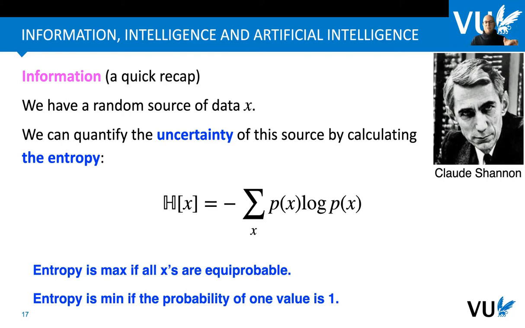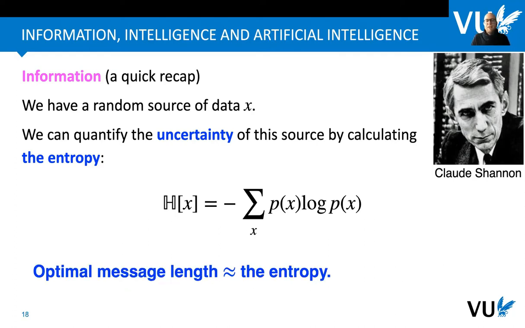So entropy is maximized if all states are equiprobable, and entropy is minimal when the probability of one value is always one. So these are very nice properties of entropy. And another very nice property of entropy, shown by Claude Shannon, is that if we think about transmission of information, the optimal message length is actually the entropy.